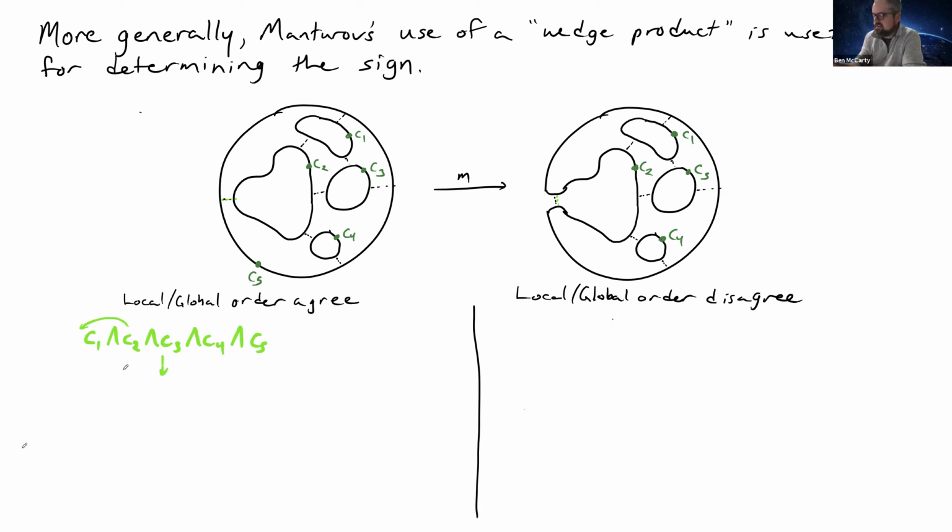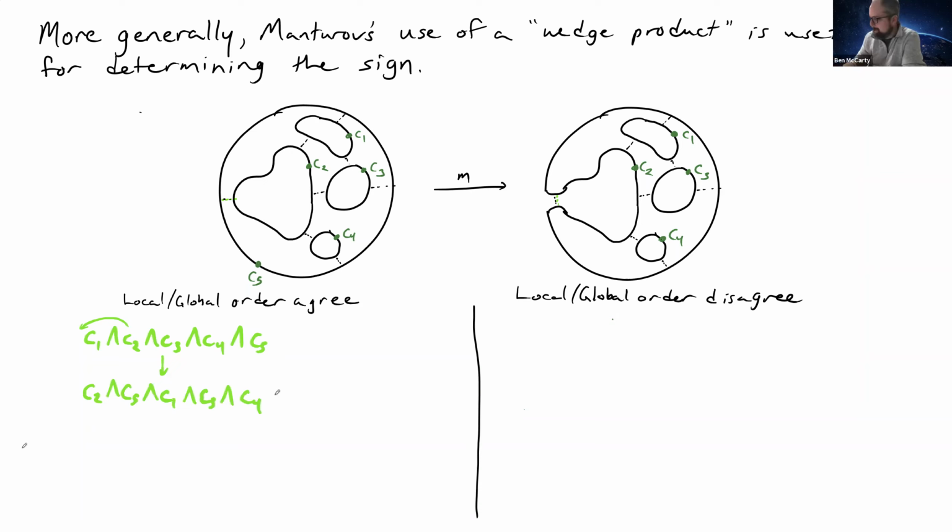So this picks up a negative, and then I'm going to take C5, and it's going to hop 1, 2, 3 times. So this is going to go to C2 wedge C5 wedge C1 wedge C3 wedge C4. There's a total of 4 transpositions, so it's still going to be positive.